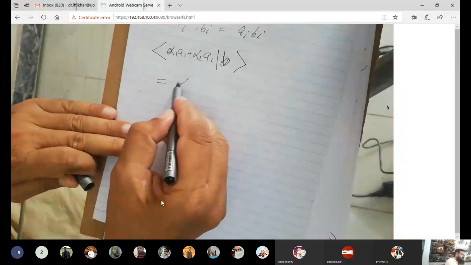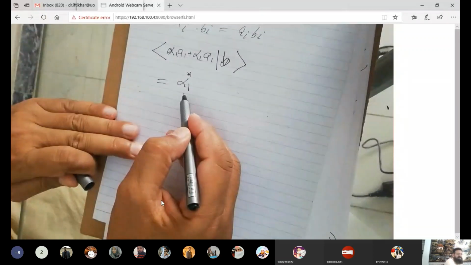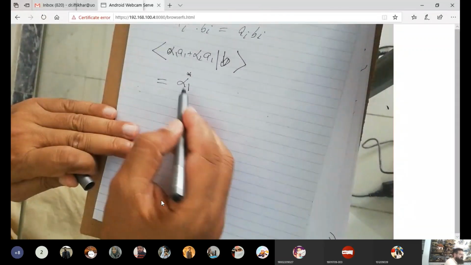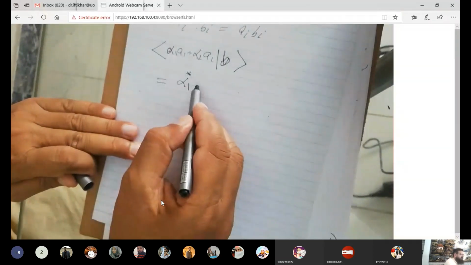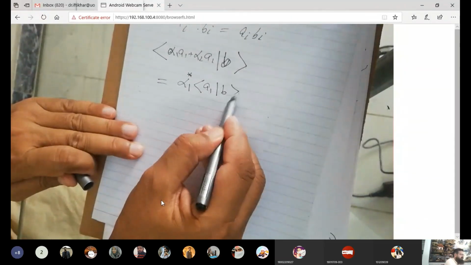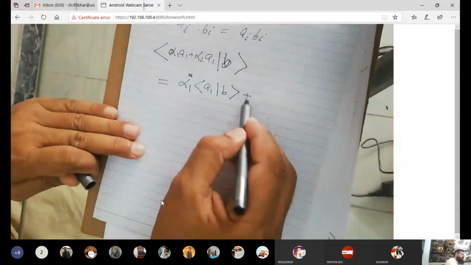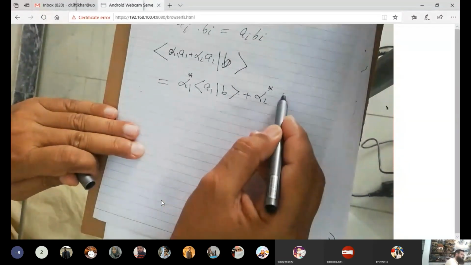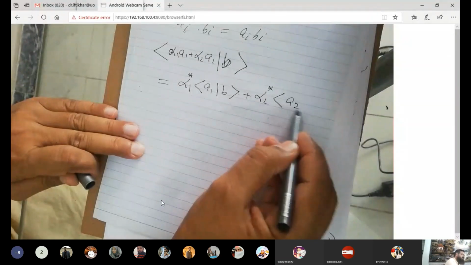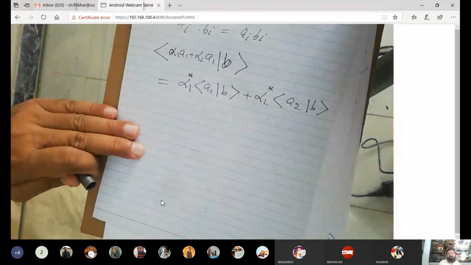Then you can take alpha 1, as a scalar representation, alpha 1 star, and then a1 inner product with b, plus alpha 2 star, then you put a2 inner product with b. This is the famous rule of multiplication in brackets.